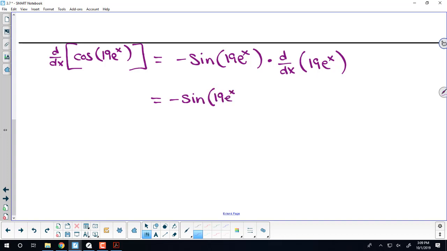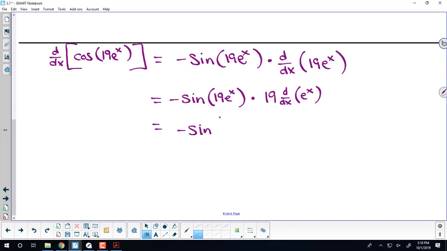I'm just going to rewrite that term. Be careful, it's not just e to the x, is it? The 19 is a constant times a function of x, so that 19 is out front times the derivative of e to the x.